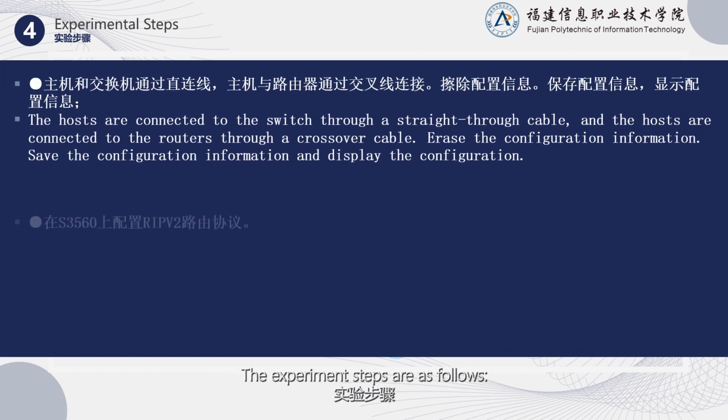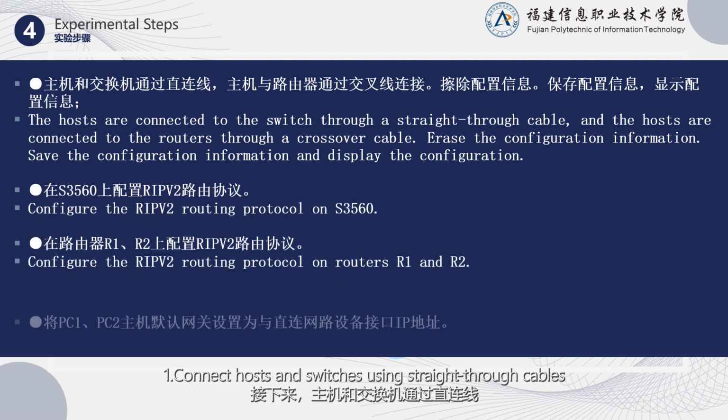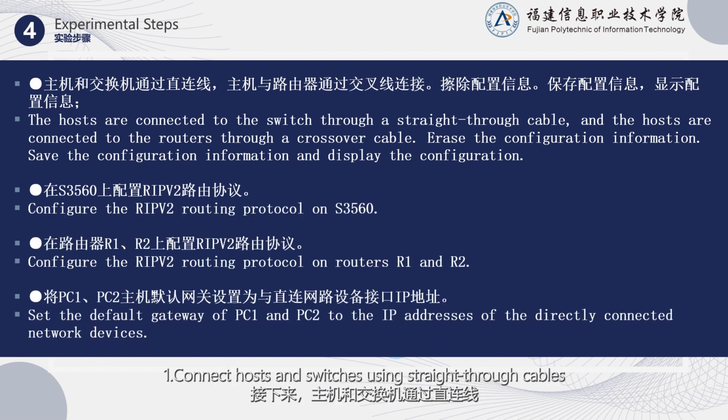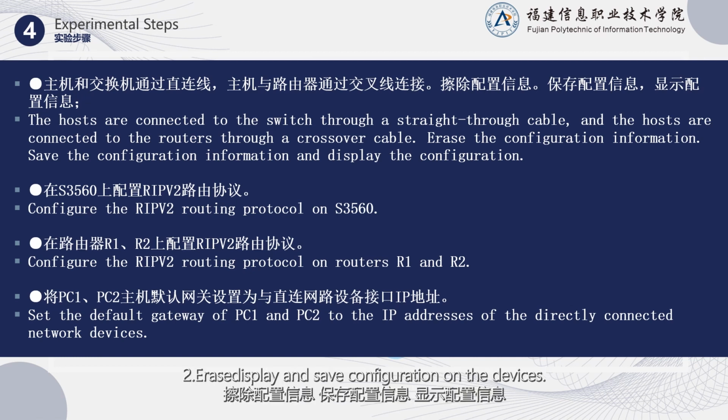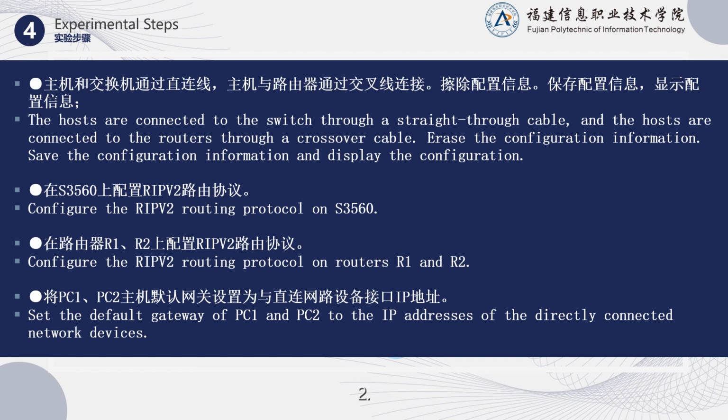The experiment steps are as follows. 1. Connect hosts and switches using straight-through cables, and connect hosts to the router using crossover cables. 2. Erase, display and save configuration on the devices. 2.